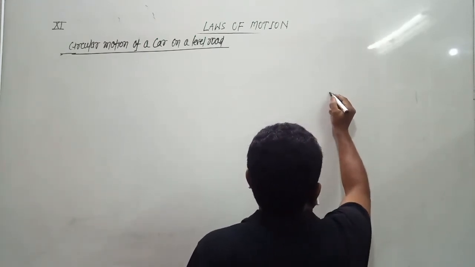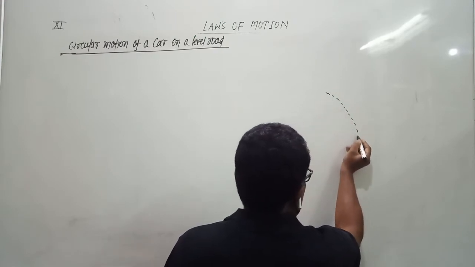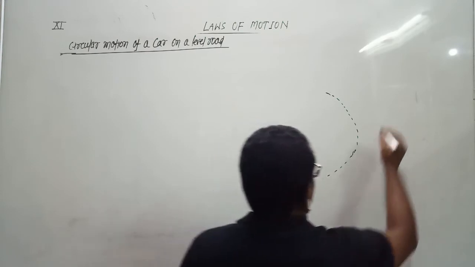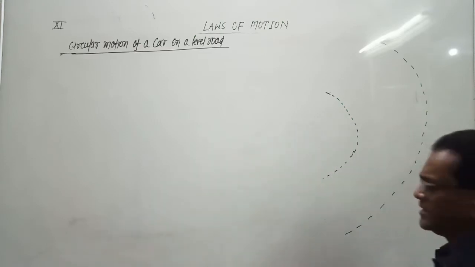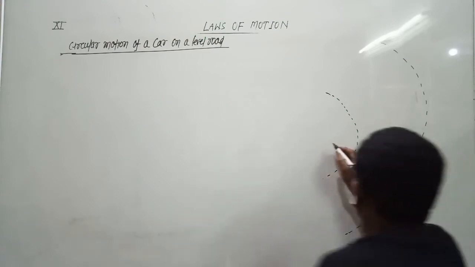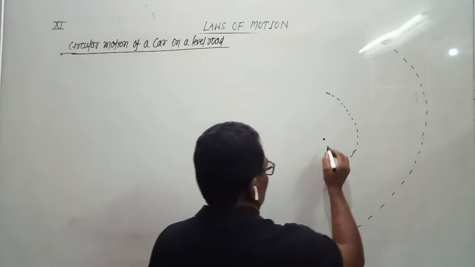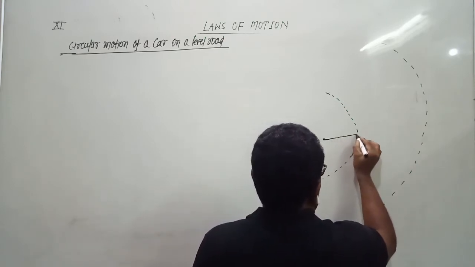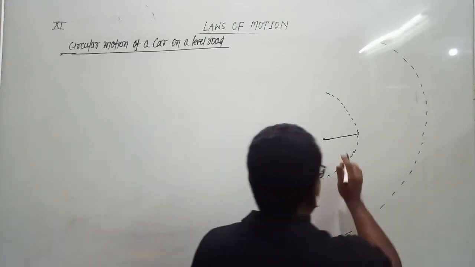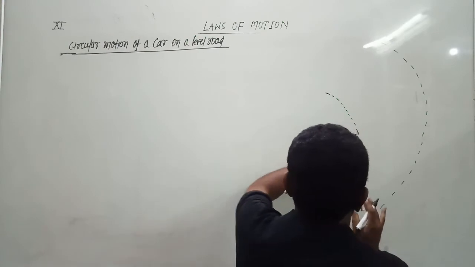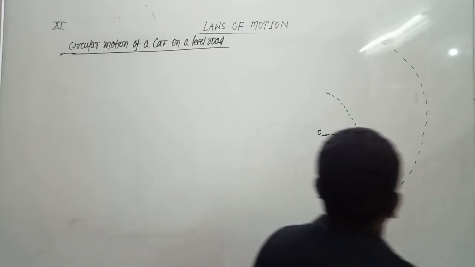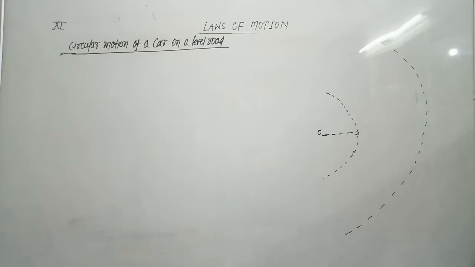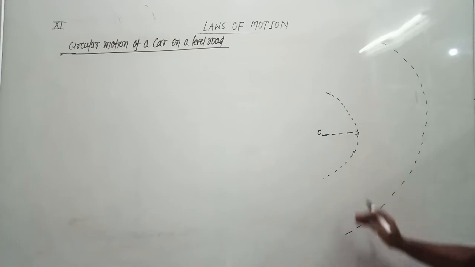So there is a curved path, and the center of this circular path is O. The center of the curved path is O. And there is a car which moves on a curved path, meaning there is a circular motion of a car.